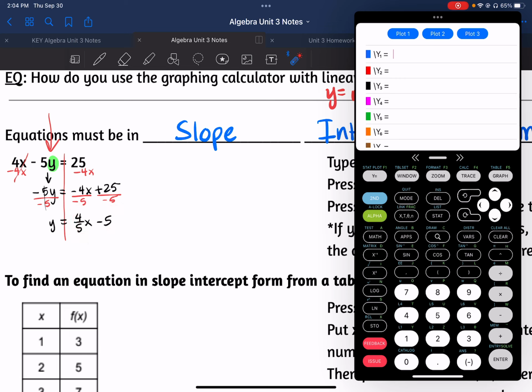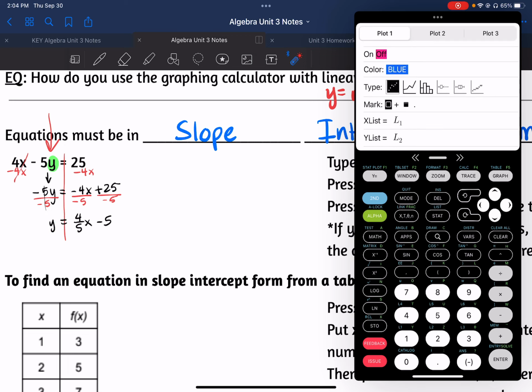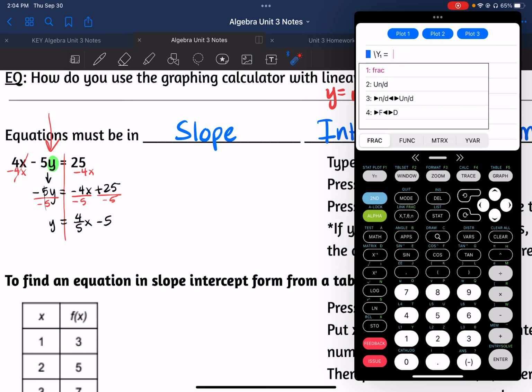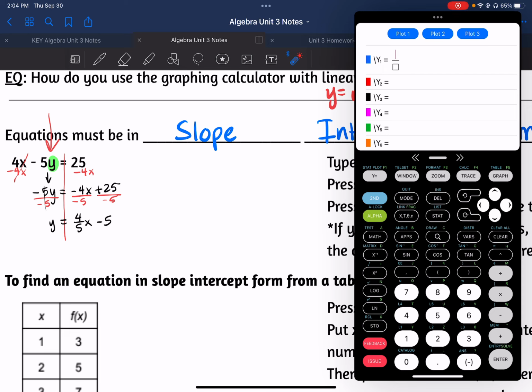Because if you see up top, it already has y1 equals, y2 equals. We don't need to type this side here. We just need the right side. So I'm going to hit second y equals. That's not what I wanted. I did that wrong, sorry. Alpha y equals, because I want to hit a fraction. So I'm going to type a fraction. So alpha y equals 4 over 5.